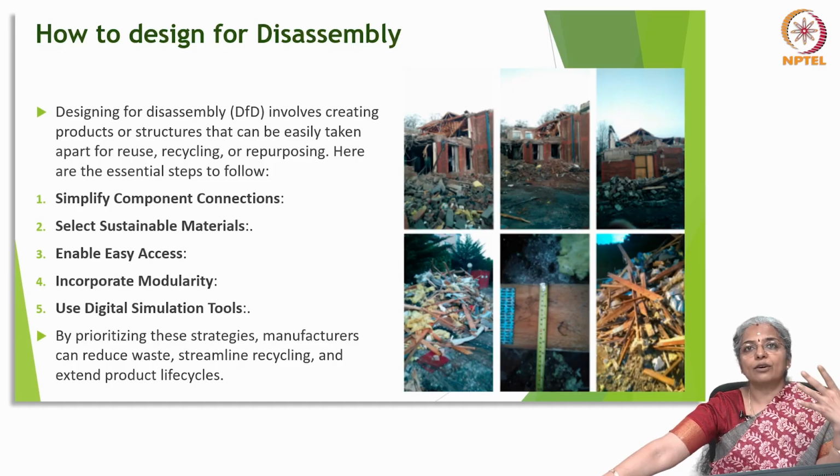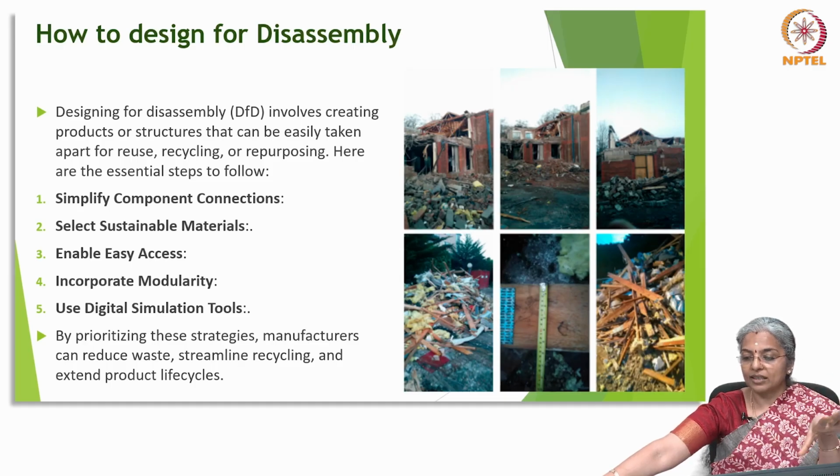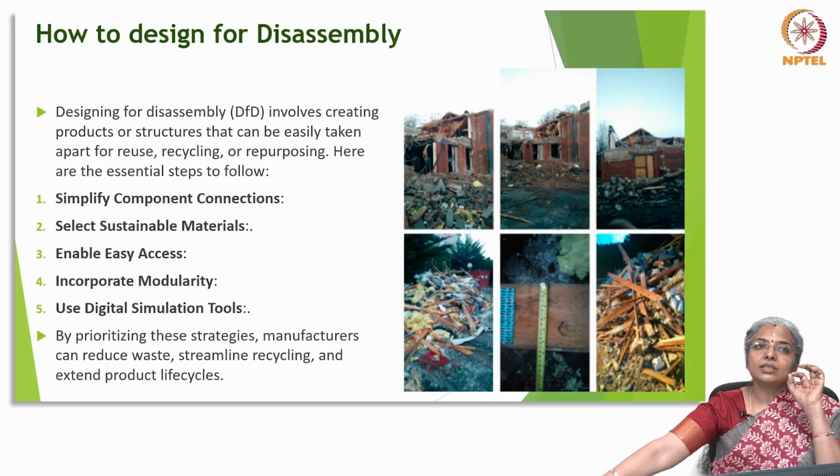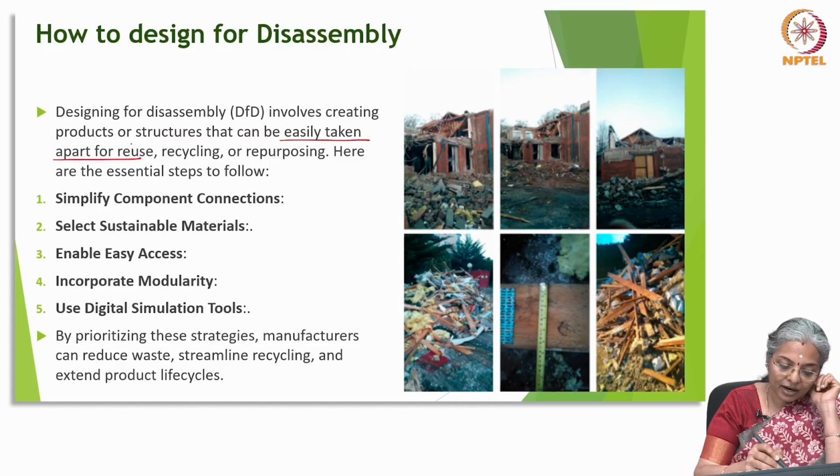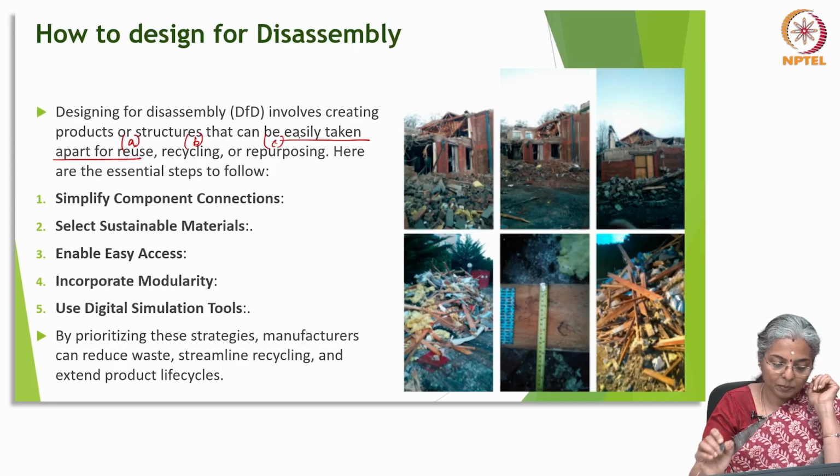How should we design for disassembly if we look at this in toto? Design for disassembly involves creating products or structures that can be easily taken apart for reuse, recycling and repurposing.